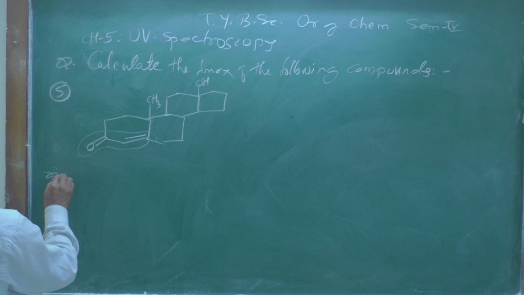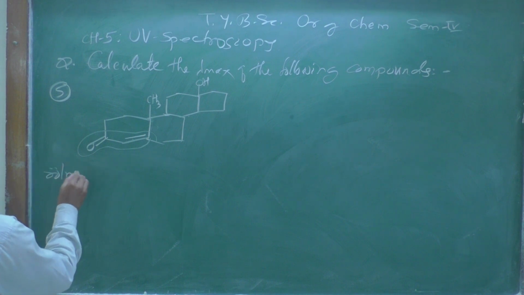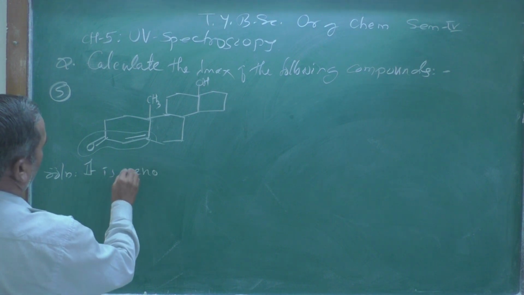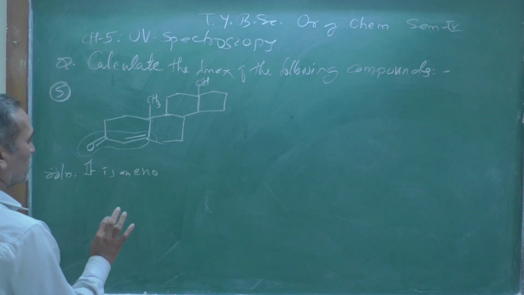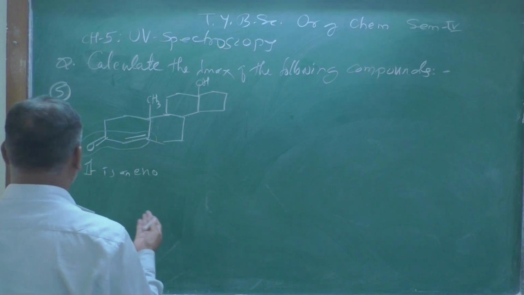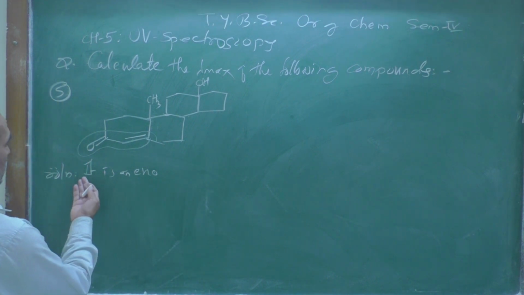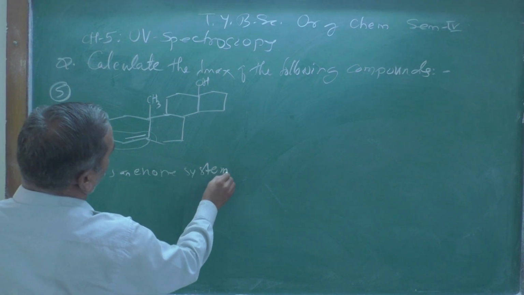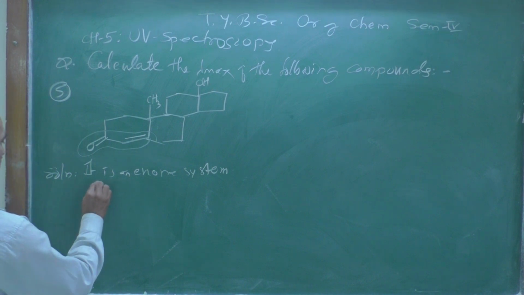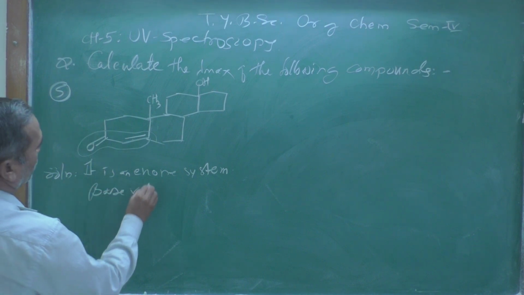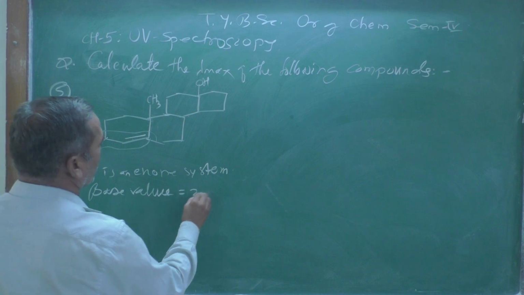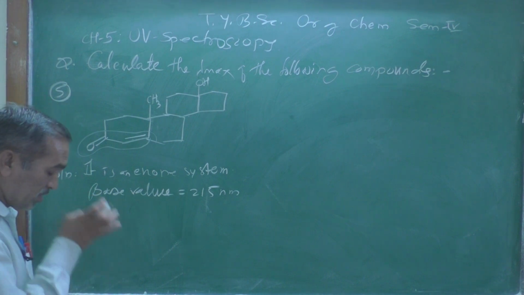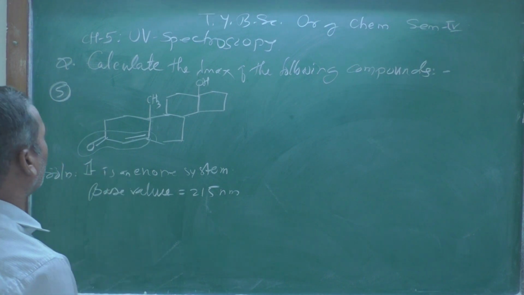While solving the problem, you should write it like this: it is an enone system, not a enone. There are some grammatical rules you can follow here. Once it is an enone system, what should be the base value? The base value should be 215 nanometer.